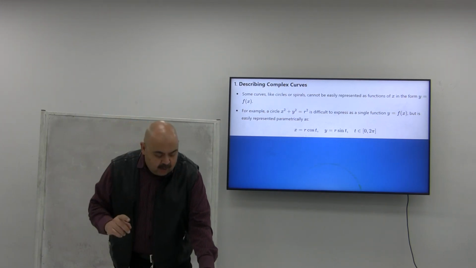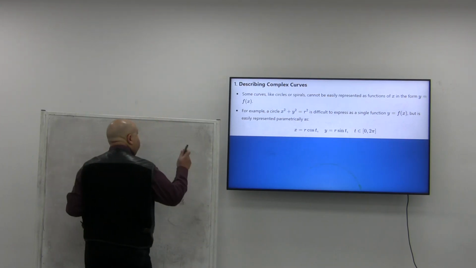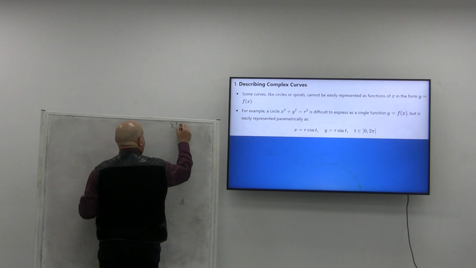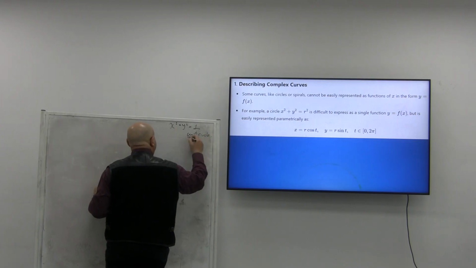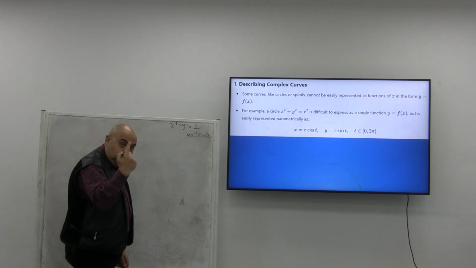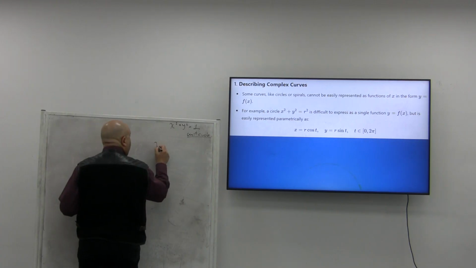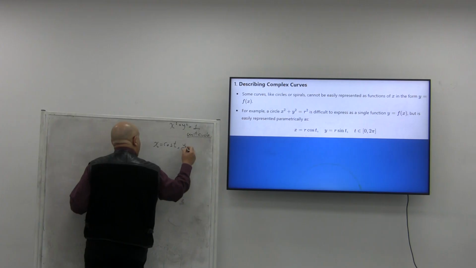Let's see. I will talk about an example. This example is specific, but let me use x squared plus y squared equal to 1, which is simply a unit circle. So the radius is equal to 1. In the x coordinate, x will equal cosine t, and y will equal sine of t.